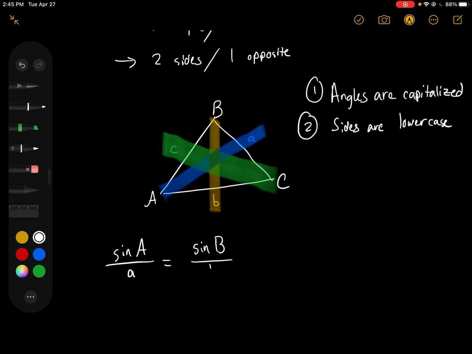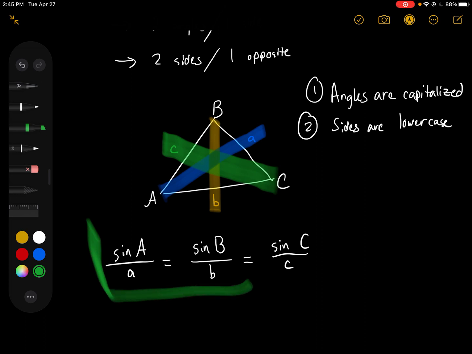So what is the law of sines? It's an equation. The sine of A divided by lowercase a is equal to the sine of B divided by lowercase b is equal to the sine of C divided by lowercase c.